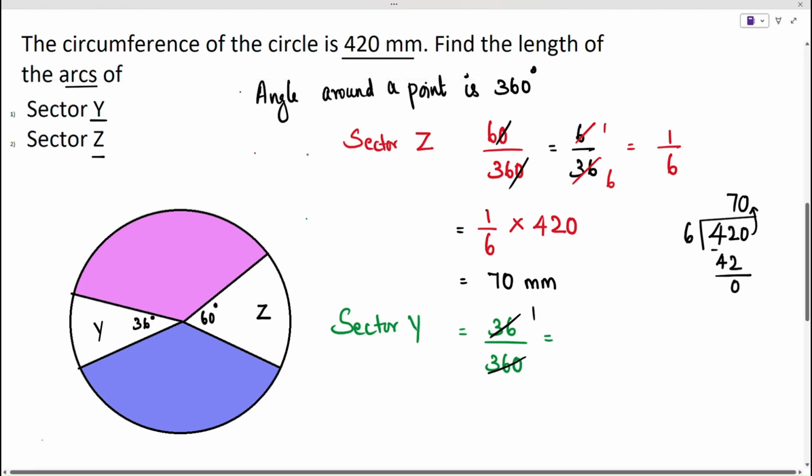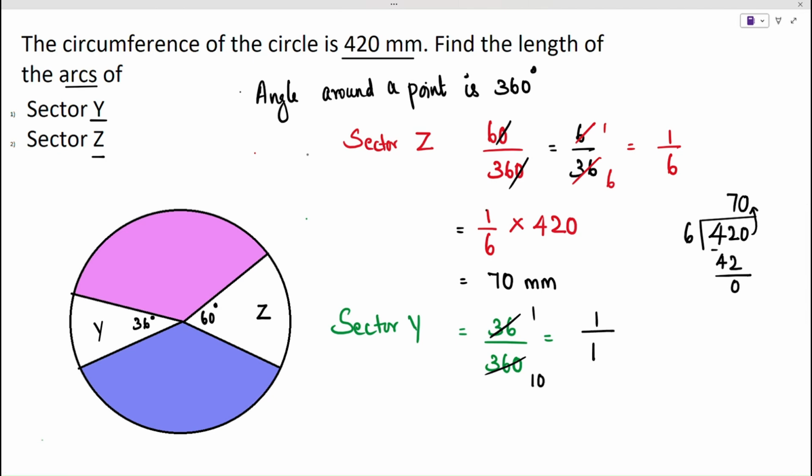So that's 1, and that's 10. So we're left with the fraction 1 over 10 as the simplified form. Now, similarly to sector Z, we're going to multiply 1 over 10 to 420, and this is just dividing 420 by 10. So this gives us 42 millimeters.